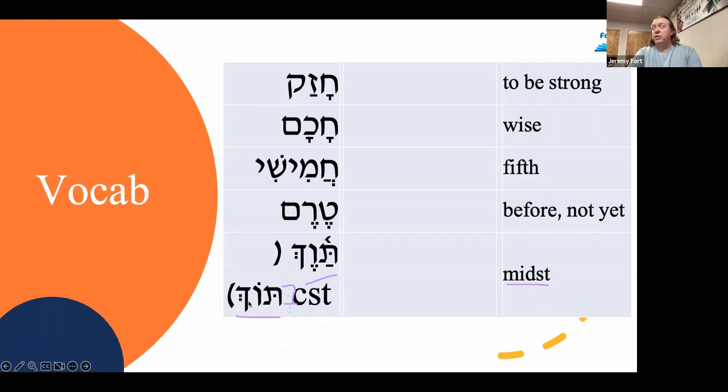So if you're Adam and Eve and you are wanting to get away from God in the garden, you would hide in the midst of the tree. So it's like in the middle, the midst, or among a group of things is tavek. I have never seen it in this form ever. So I would just learn this one.